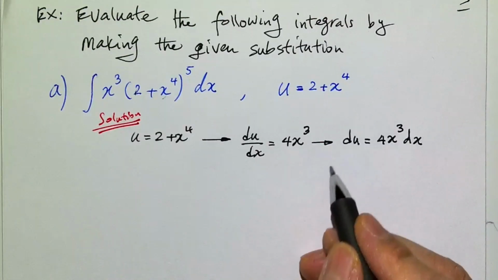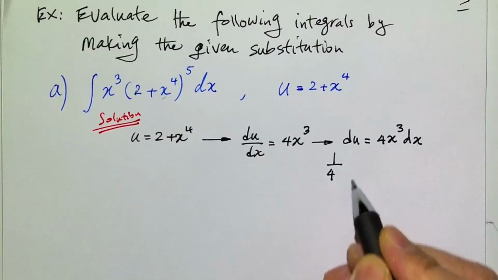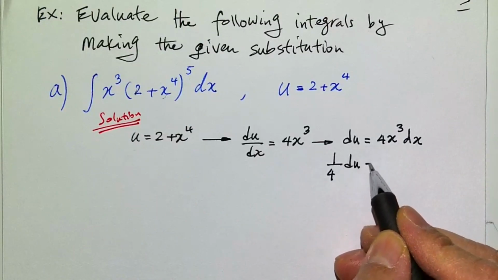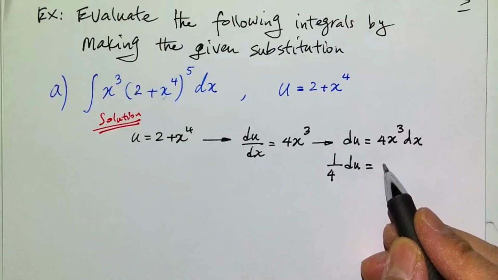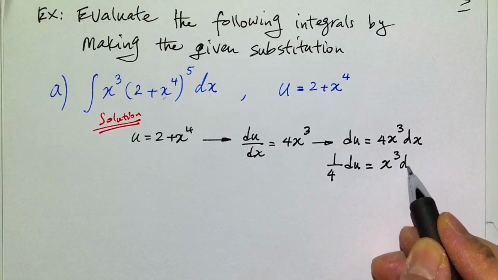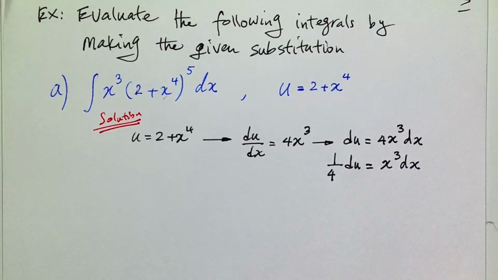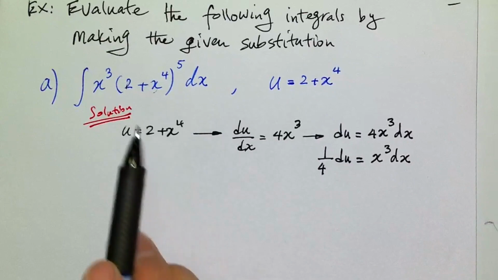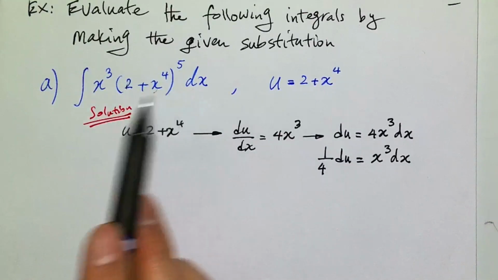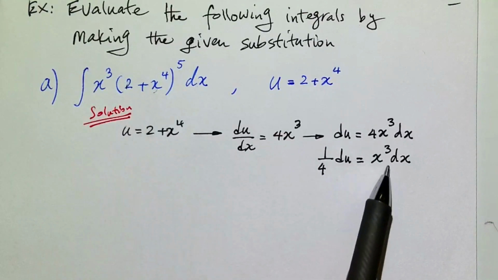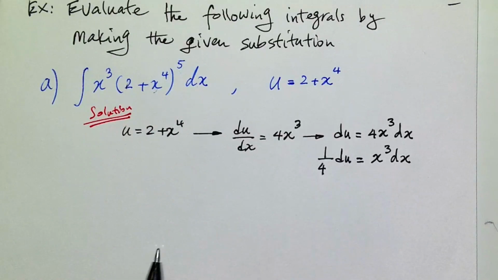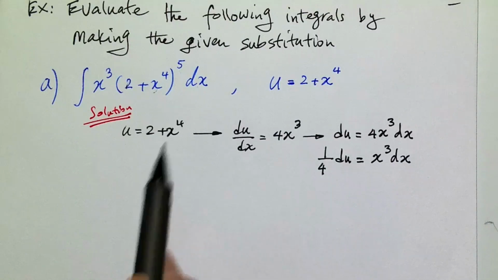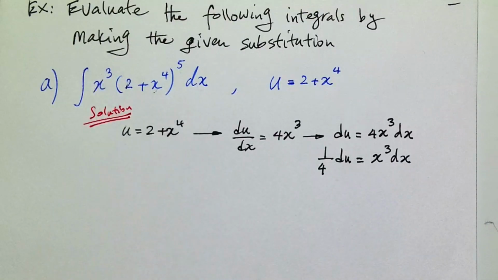In other words, 1/4 times du on the left is equal to, multiplying both sides by 1/4, right? So we'll get x cubed dx. Okay? Now compare what's outside of this parentheses, x cubed dx, with what we have. x cubed dx is equal to 1/4 du. Now we can substitute for x cubed dx as well as what's in the parentheses.